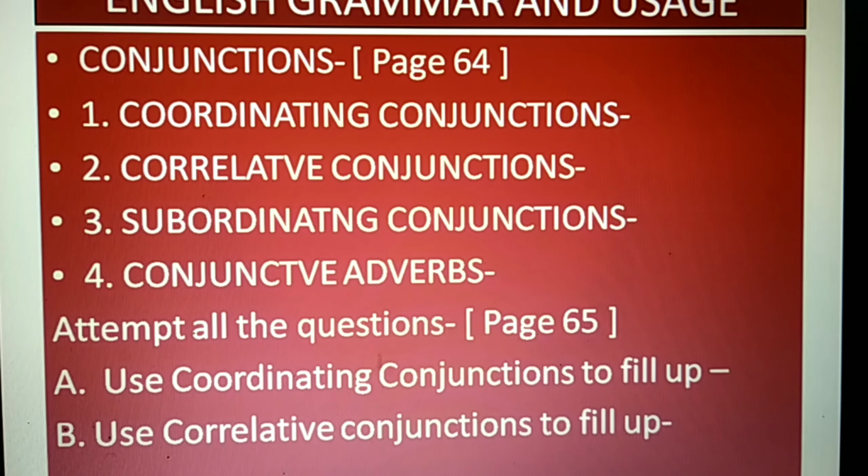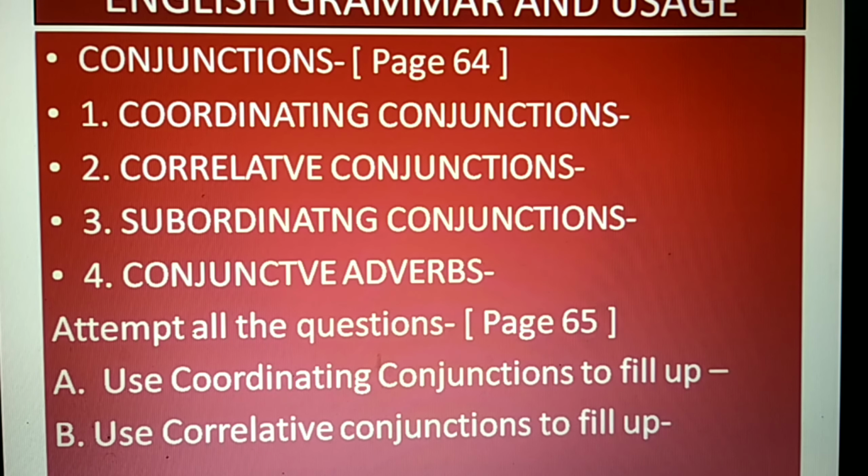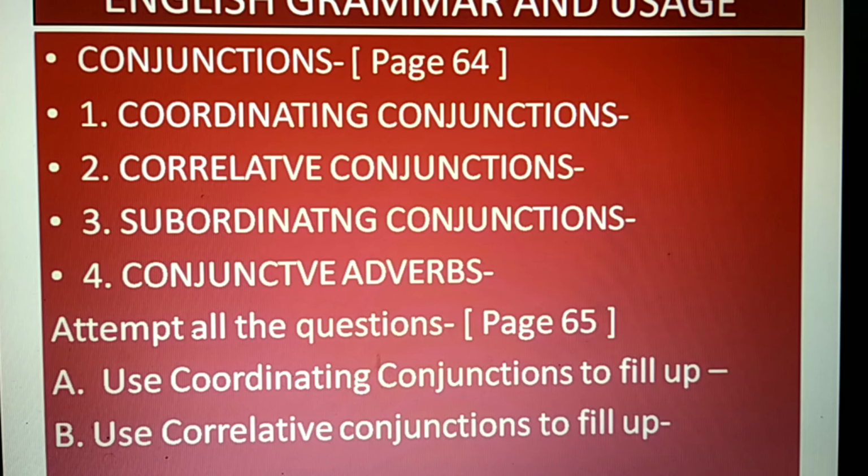Example, Ishwar hates to travel; consequently, he stays home. Two independent clauses may be joined by a semicolon to show that they are closely related. Ishwar hates to travel. Consequently, he stays home. Two independent clauses may be separated by a period.